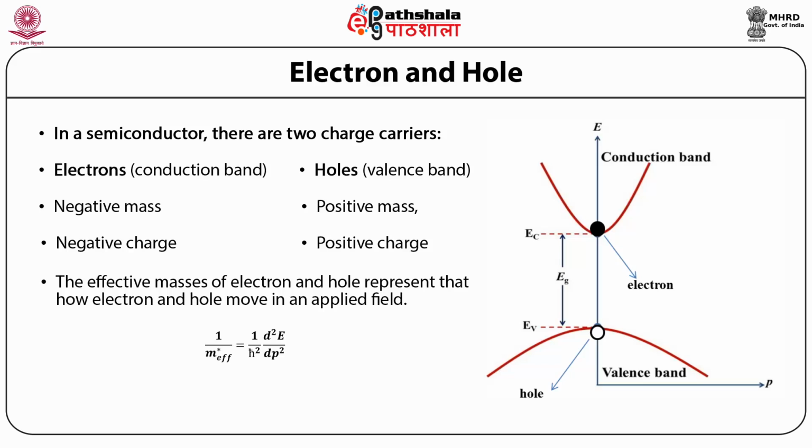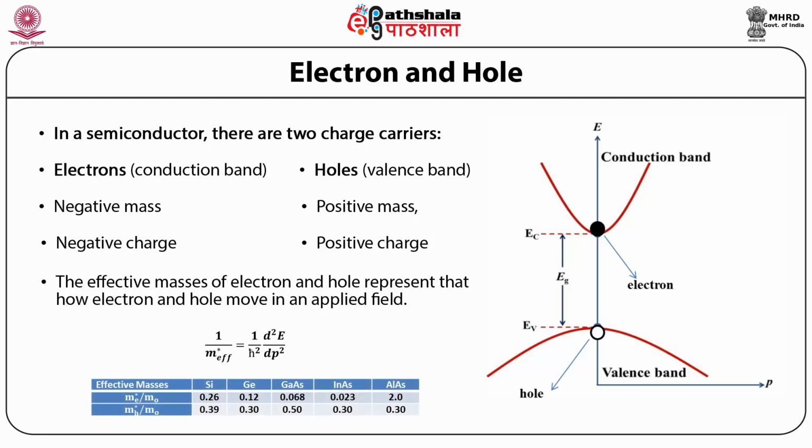It is very essential to assign the electrons and holes their effective masses to describe their motion with the laws of motion of classical particles. So this table represents the effective masses of electrons and holes normalized to the free electron mass, that is m naught.